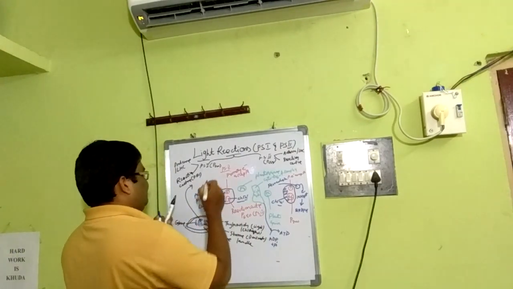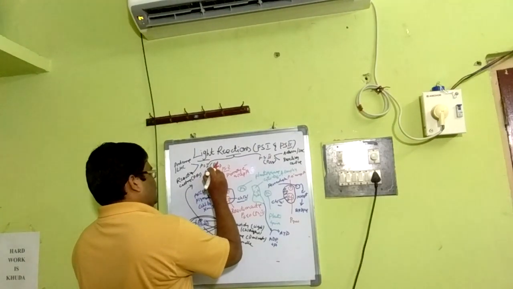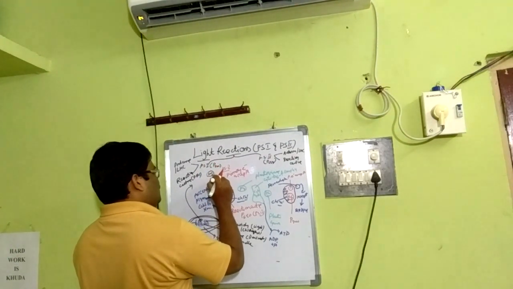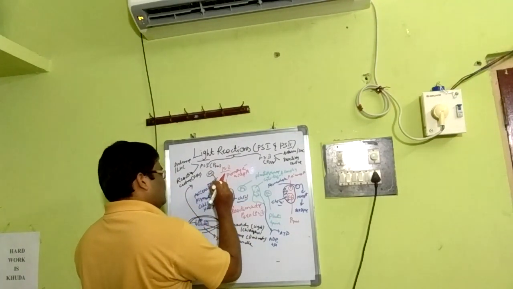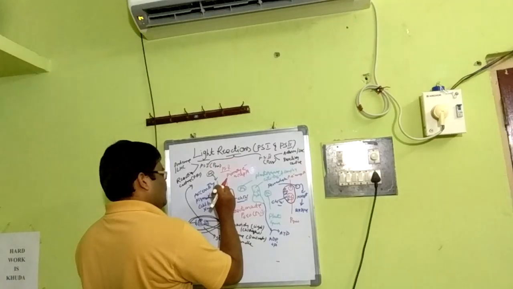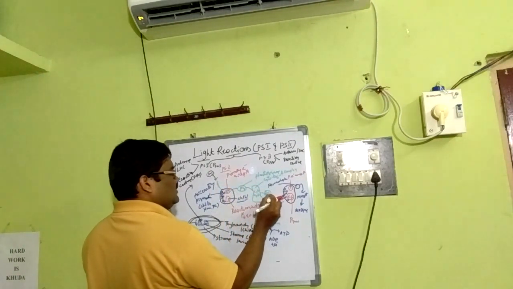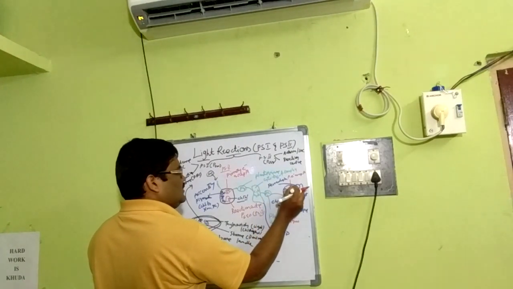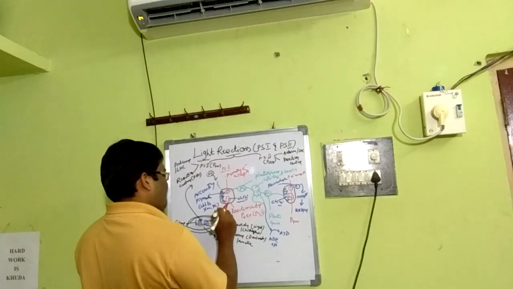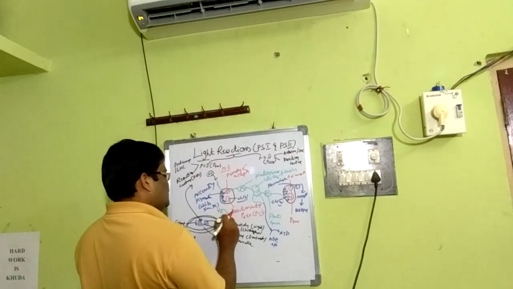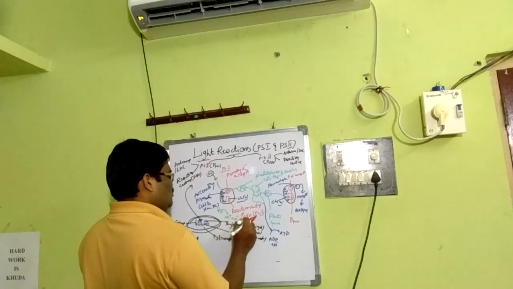And this is very important, the sun leads to photons. Then here, here, here, and here, H2O leads to 2H plus, 2 electrons, plus half O2.